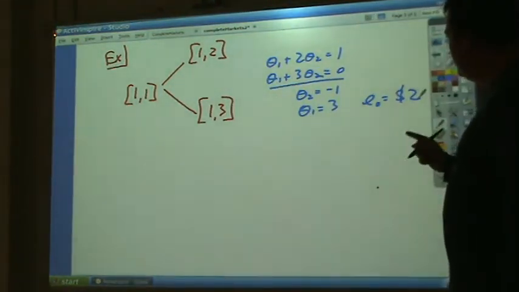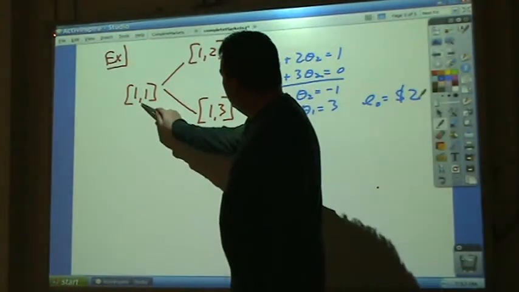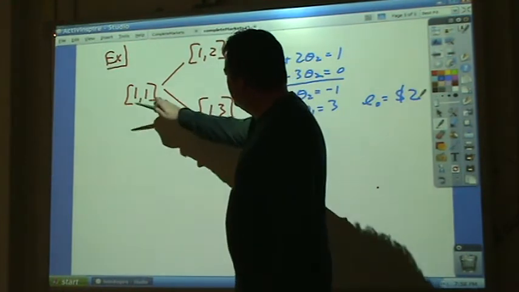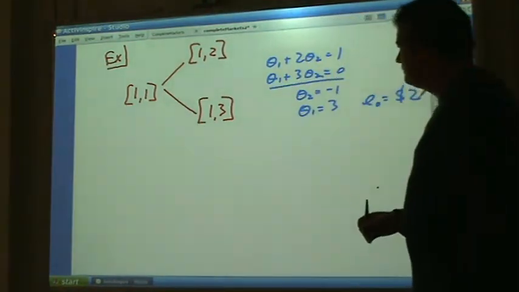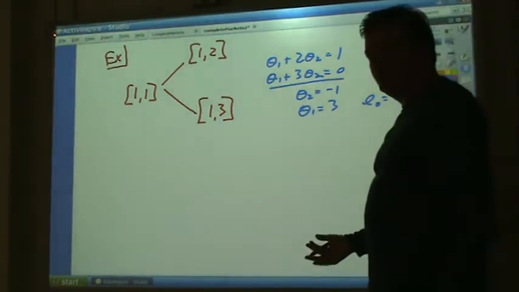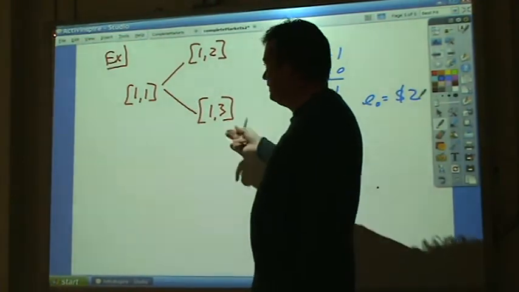For a $2 fee today, I could get $1 in this state and $0 in this state. You'd have a tough time getting someone to pay that kind of money. Why would you pay $2 today to get $1 up here and 0 here?